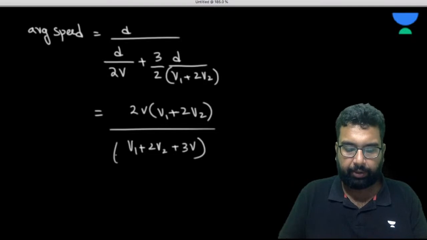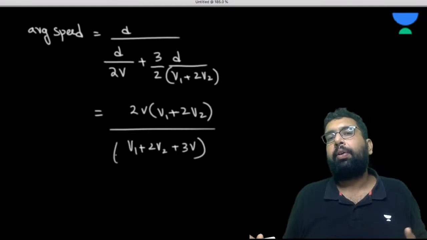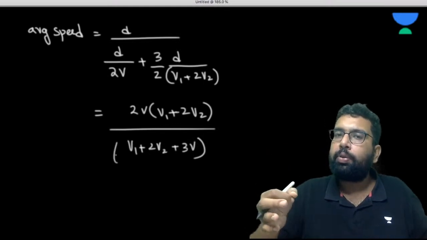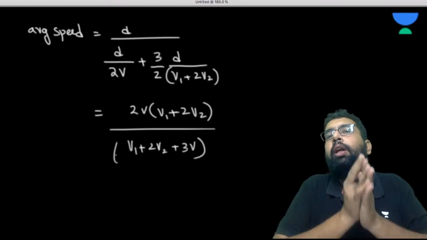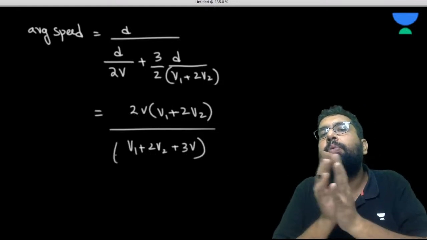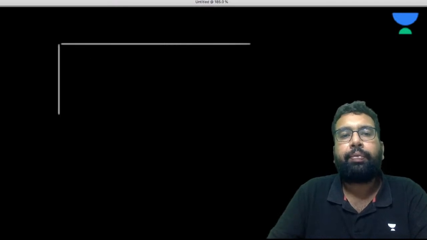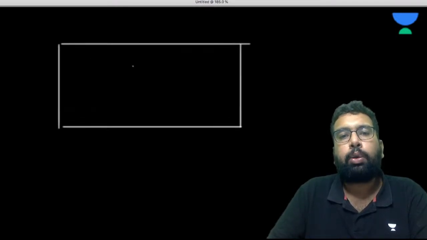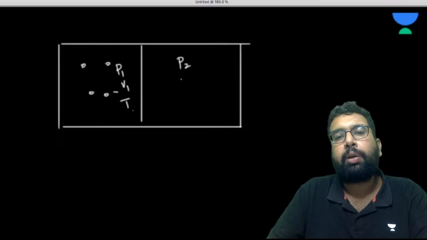I am telling this in context of every chapter, not only this one. Whatever information or variables are given in the question, your final solution must be in terms of those variables. For example, if I ask you, we have a container with two gases: one is P1, V1, T1 and the other is P2, V2, T2.